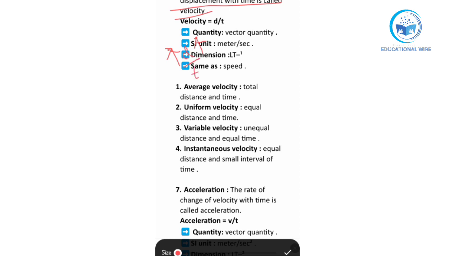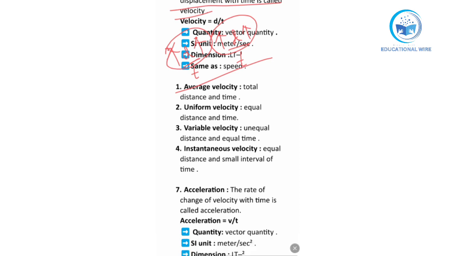After that he moves from here to the next point, so he has both time and displacement. So the rate of change of displacement from one point to another with time is called velocity, in a particular direction.